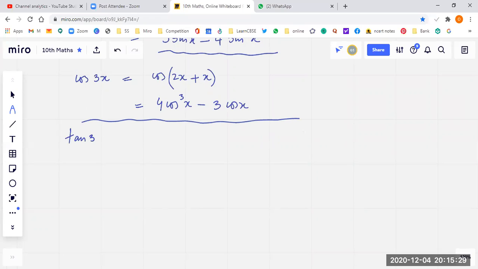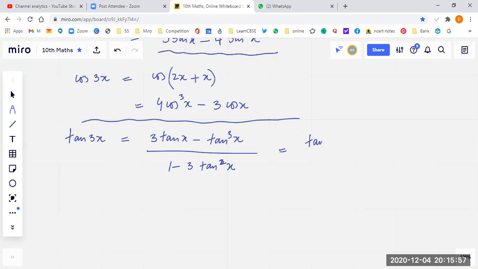Tan 3x is equal to 3 tan x minus tan cube x divided by 1 minus 3 tan square x. So students, this one also, you please do it yourself. It's simple.